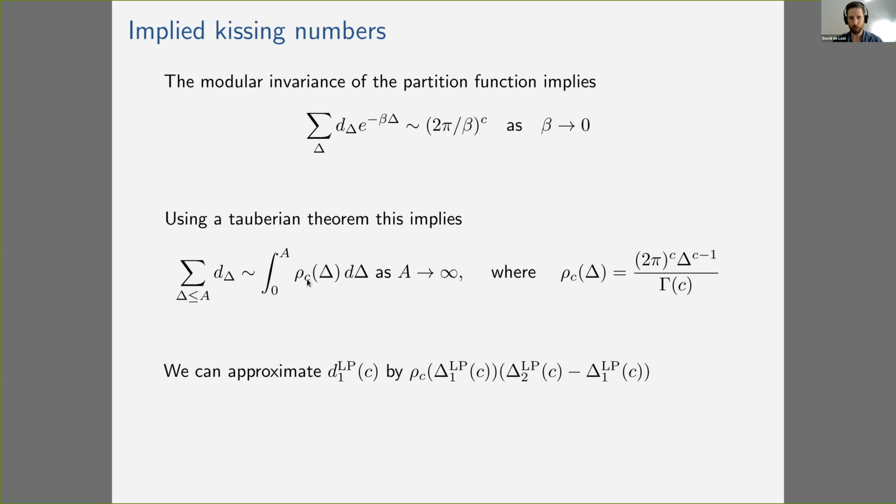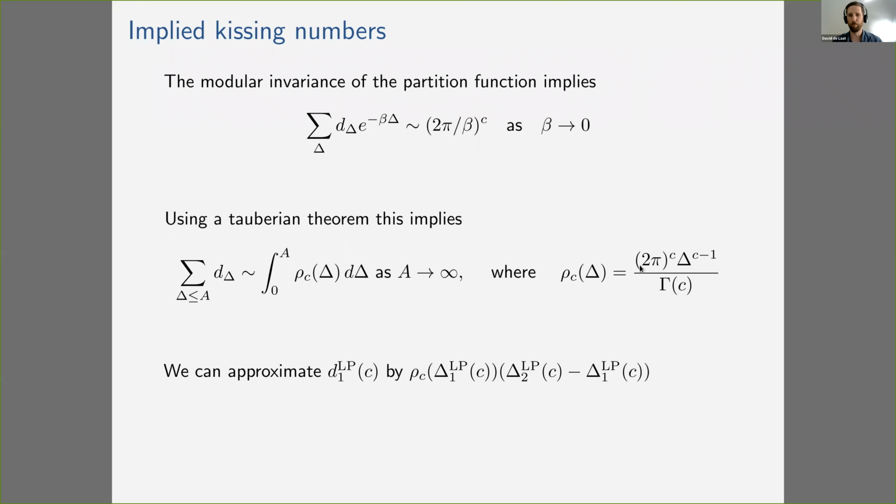If you look at this expression, then the first scaling dimension in this sum, D1, has to be roughly equal to the integrand here multiplied by the width between peaks. So this is the height here, and this is roughly the width. Of course, why do we take delta 2 minus delta 1 as the width and not, for instance, delta 1? That's basically because numerically this works out nicely. So this is not a formal proof.